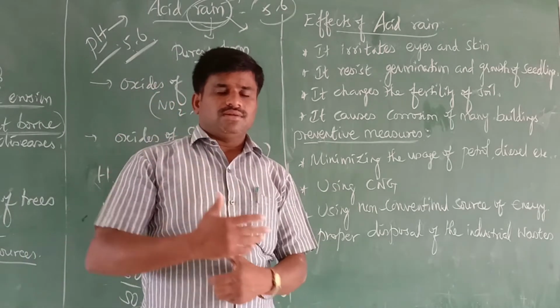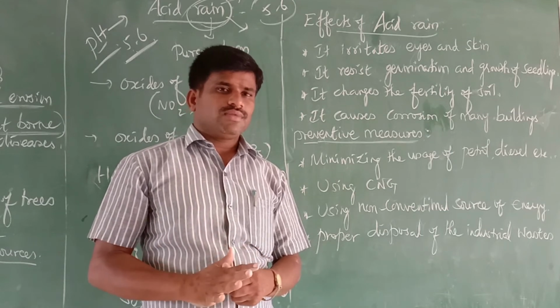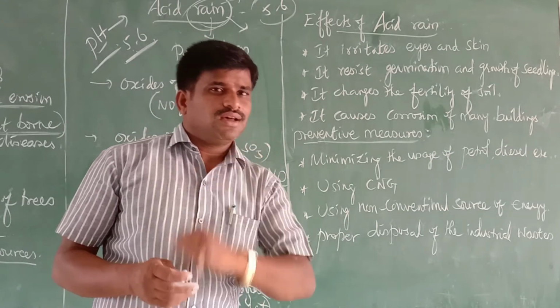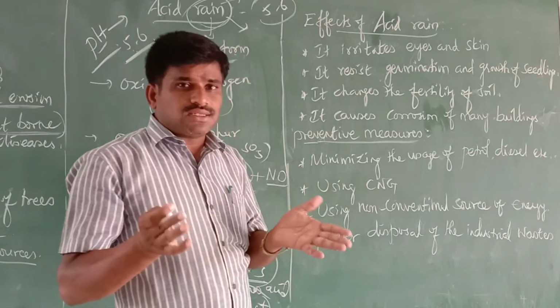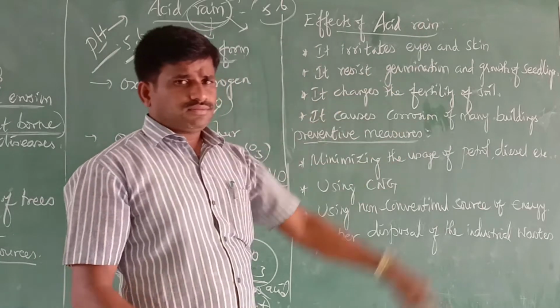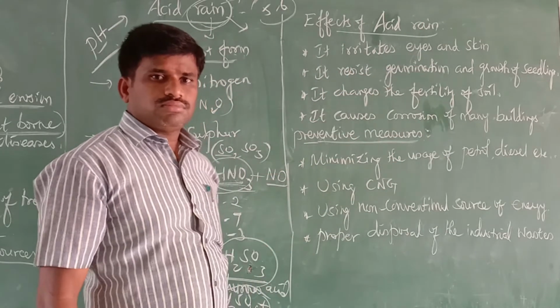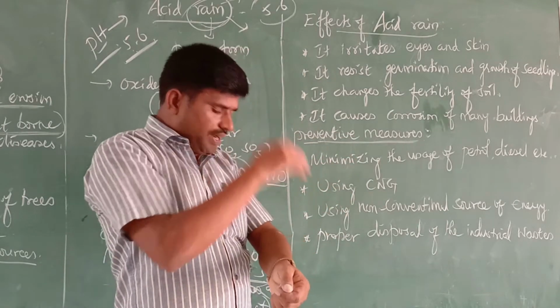Now that you have seen acid rain and understood it clearly, what is the effect of acid rain? You may ask doubts and raise questions yourself. Effects of acid rain: it irritates eyes and skin. Because it is acid, it irritates.